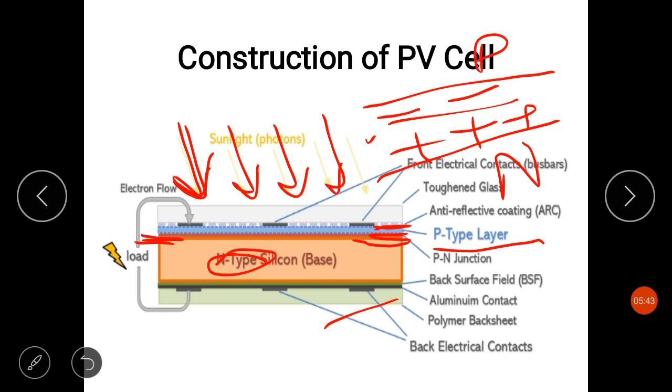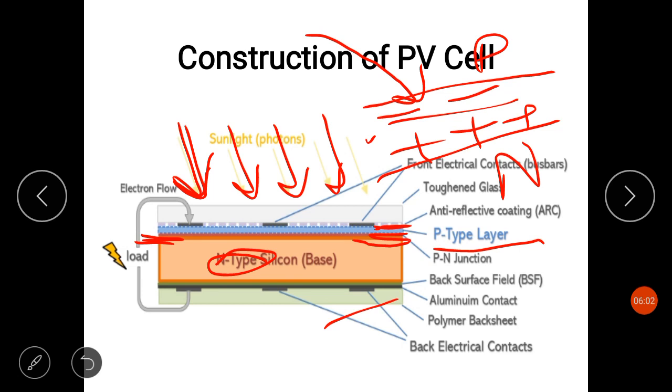So once the light photons, after entering the thin p-type layer, reach the depletion region, these photons will strike the electrons and form electron hole pairs.